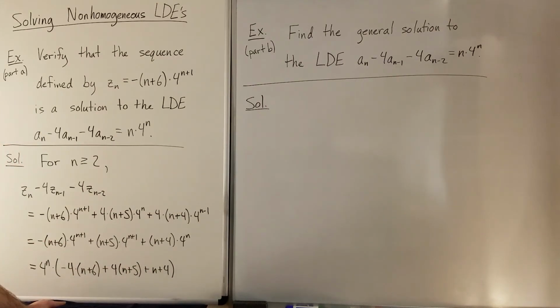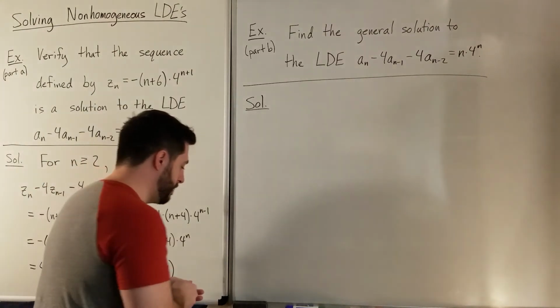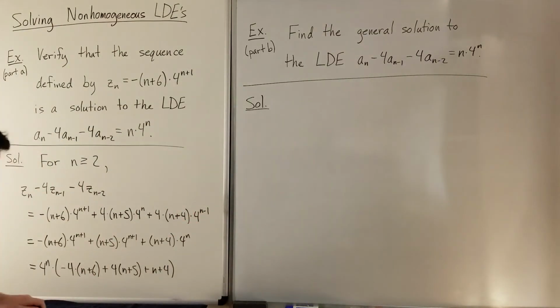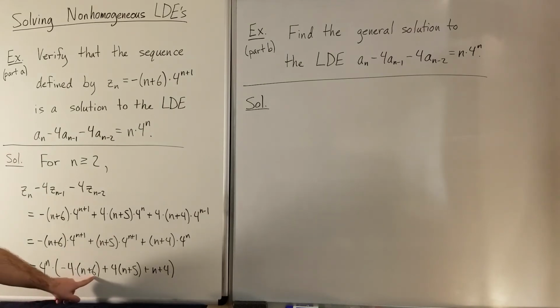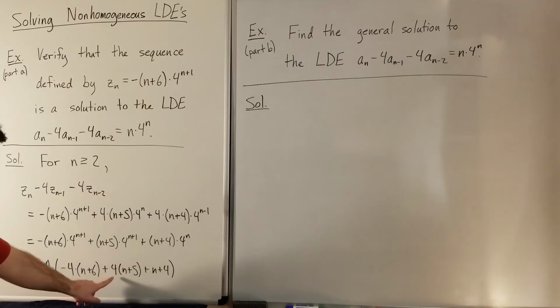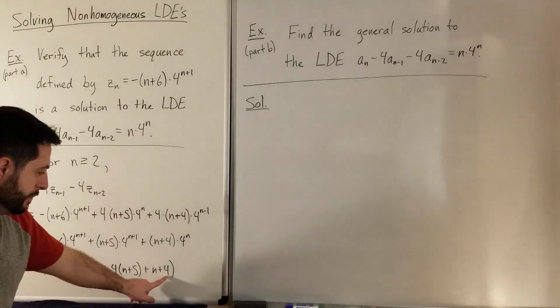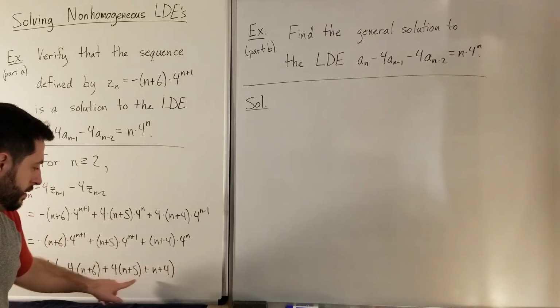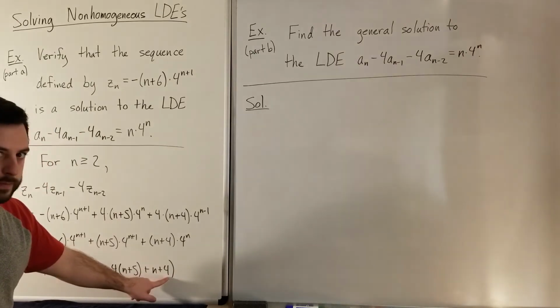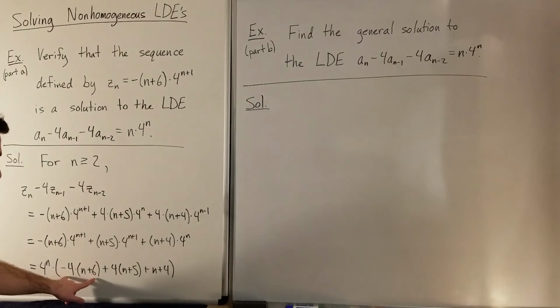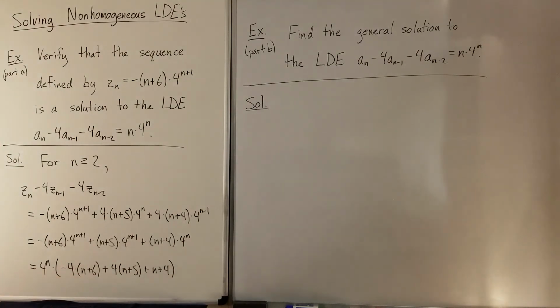And if you go through this, hopefully we can just see this without writing anything down. Let's look at the constant term first. Here I have minus 4 times 6, that's negative 24. Here I have 4 times 5, that's positive 20. And here's positive 4. So that's positive 20, positive 4, that's positive 24, and that's going to cancel out with our negative 24. Okay, how many n's do we have now?